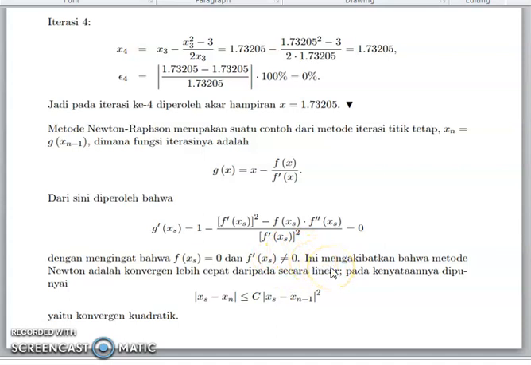This result shows that Newton's method converges faster than linearly.